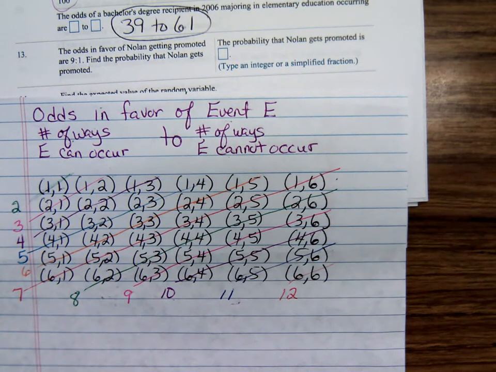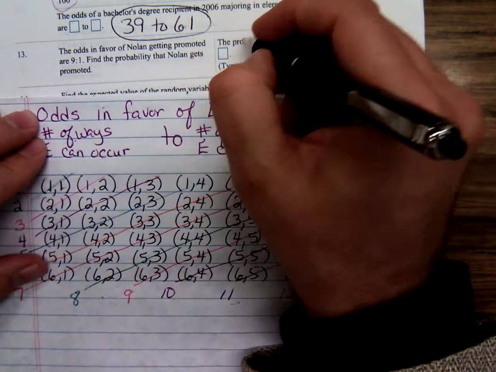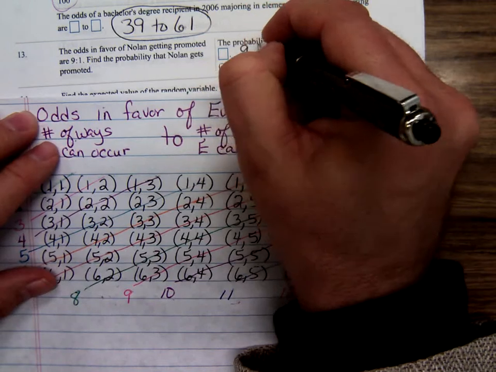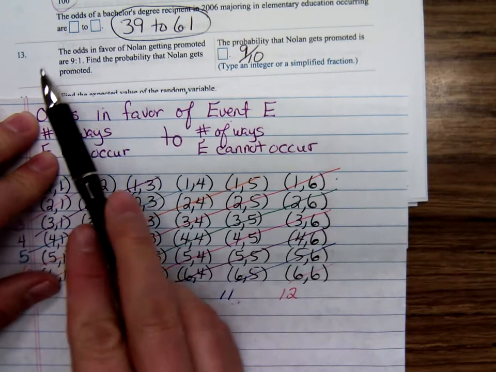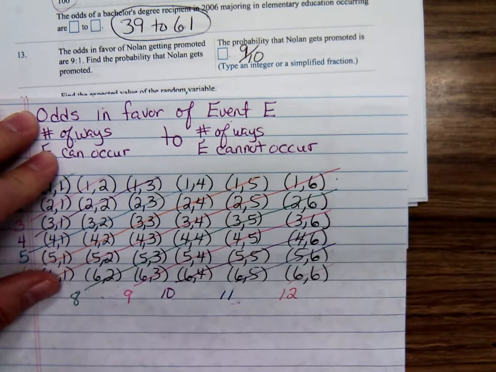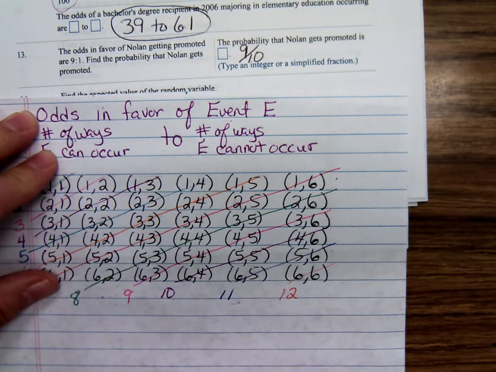Find the probability that Nolan gets promoted. 9 over 10. So that's a 90% probability. Odds of 9 to 1 mean a 90% probability. Right? Odds of 1 to 1 would mean what percent probability? 50% probability, 1 over 2.